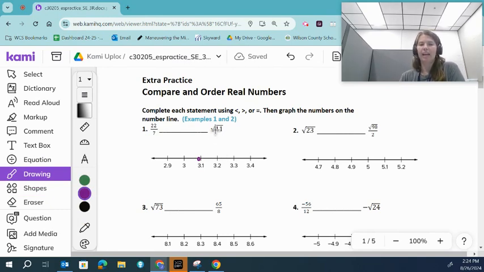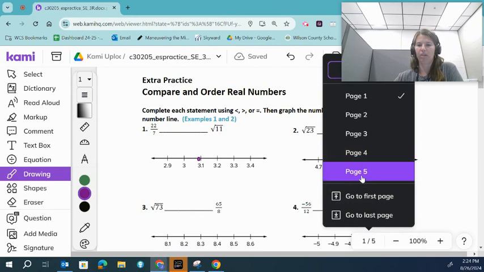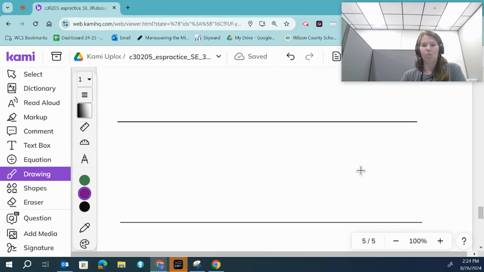And then the square root of 11, I'm going to jump down and use a number line to help me with this problem. I know the square root of 11 is going to fall between two whole numbers. If I have 3, the square root of 9 is 3.